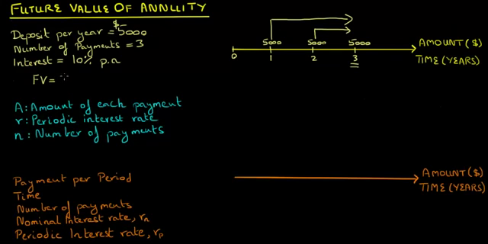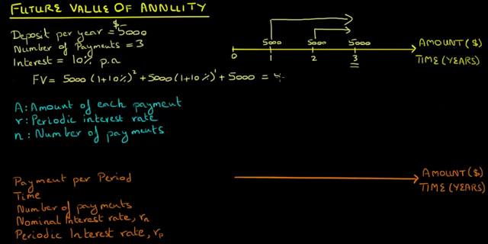The first deposit of $5,000 grows at 10% per annum over 2 years, plus the second deposit grows at the same rate over 1 year, and finally the third deposit is made at the end of year 3.